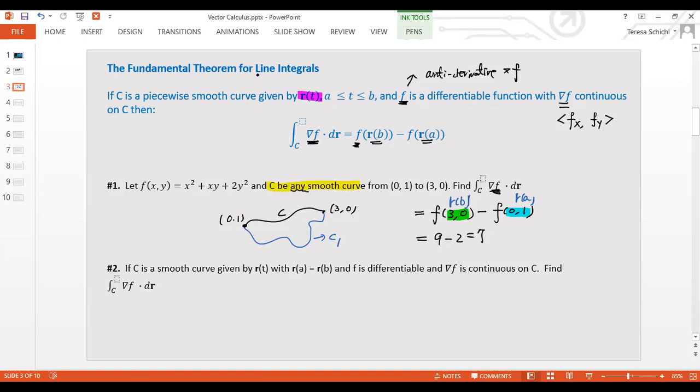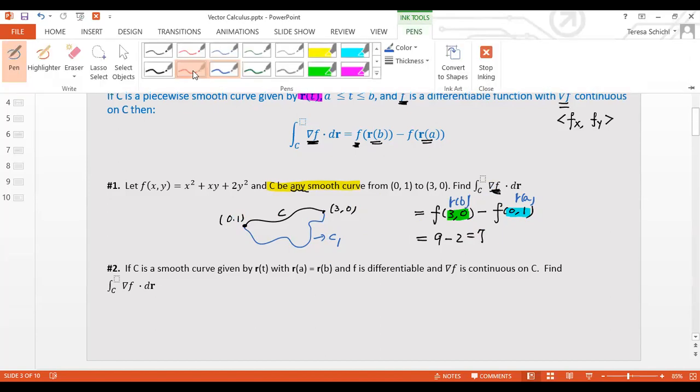So based on the fundamental theorem of line integrals, if this is a gradient vector, then it doesn't matter, because I always use the endpoint minus the beginning point.